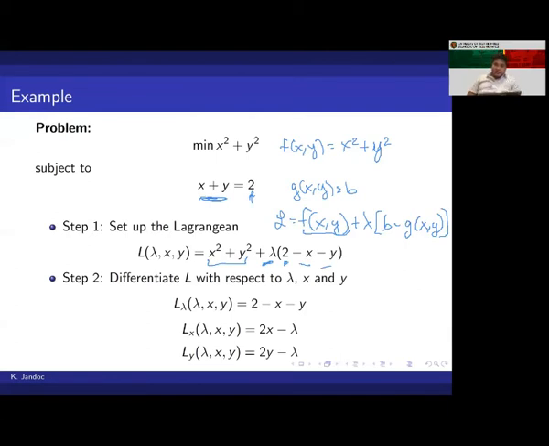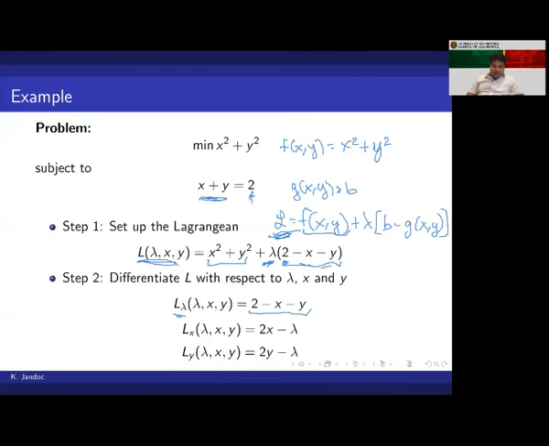Now the second step is to differentiate this Lagrangian L with respect to lambda, x, and y. So, getting the first order partial derivative of the Lagrangian with respect to lambda: lambda appears here, and the derivative of the Lagrangian with respect to lambda is just this expression, 2 minus x minus y.